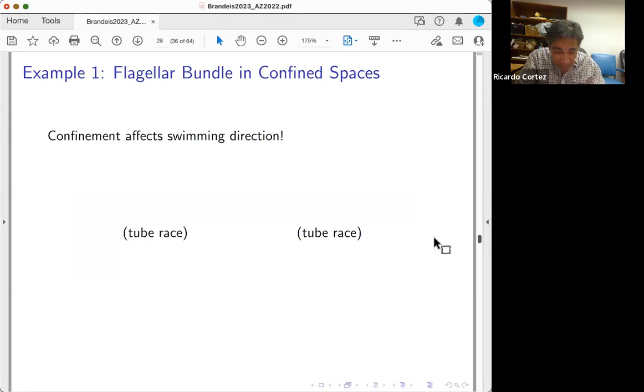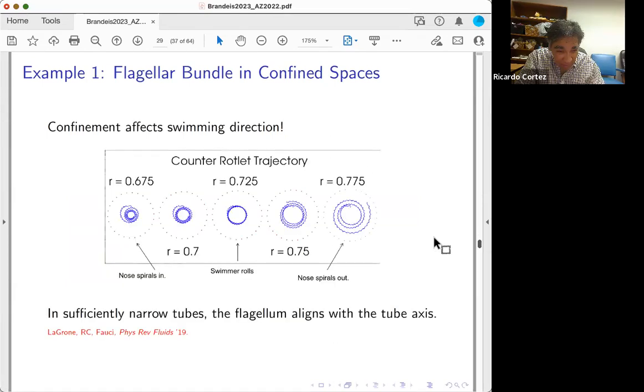So if you had a good eye, what you saw was that for the smallest radius tube, the nose of that spiral, the helix, spirals inward. And then for the largest tube radius, the nose of the helix spirals outward.